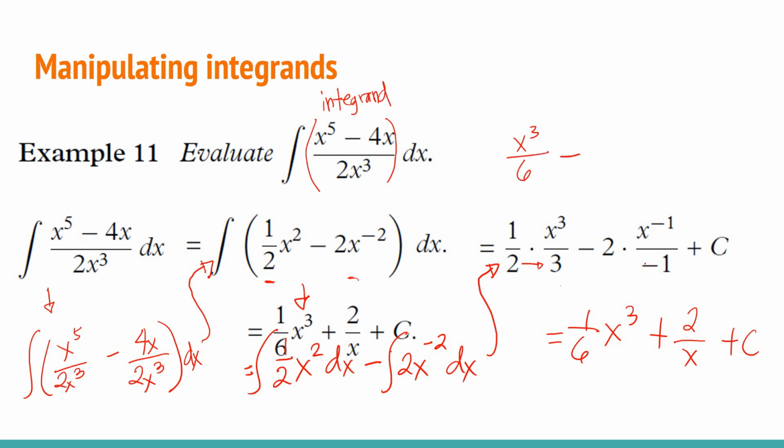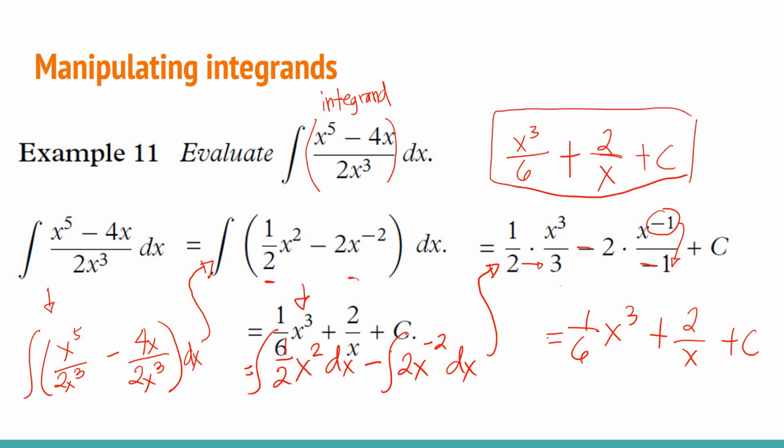And then this part, negative times negative, so it will become positive. And then the power of the x here is negative 1, so it will go down to the denominator. That's why it becomes 2 over x plus c here.